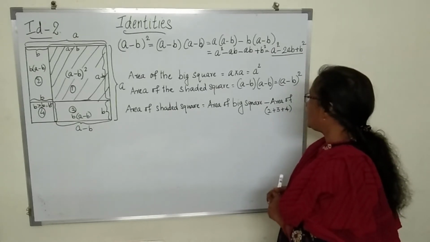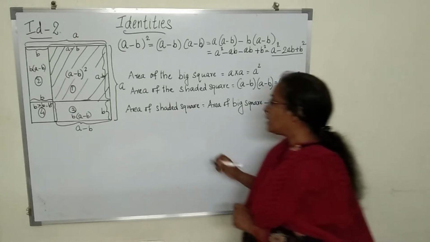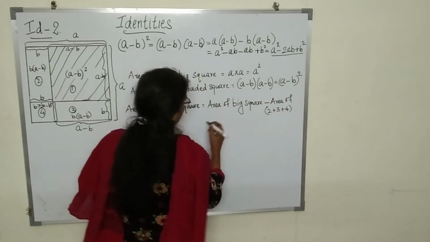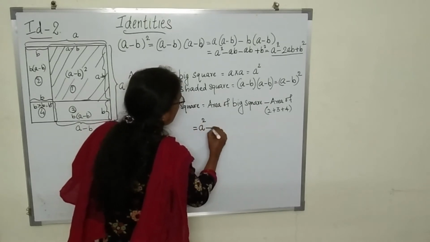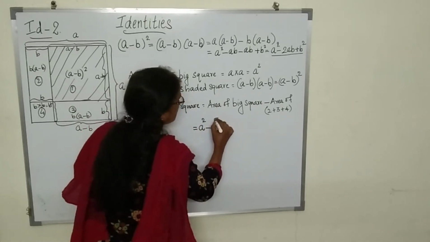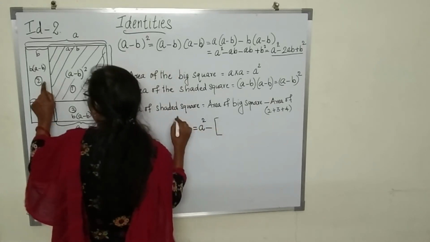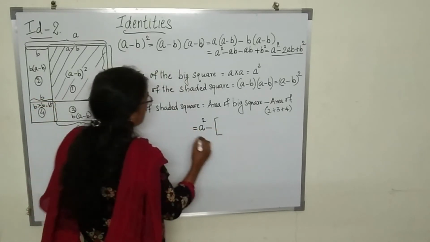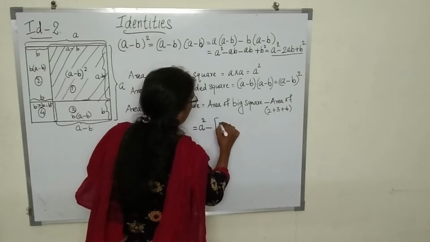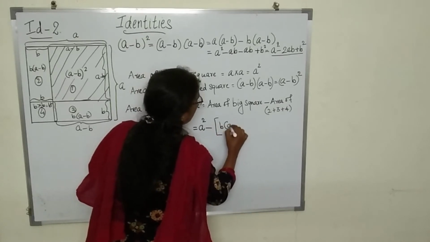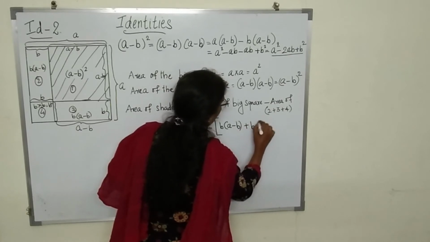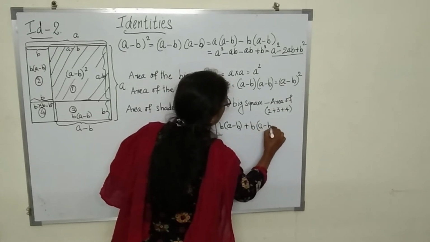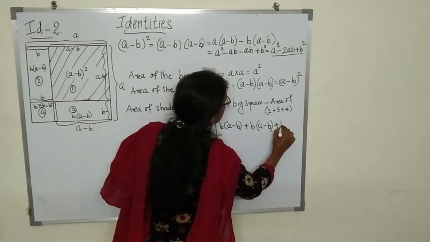Now let us find it out. What is the area of the big square? The area of the big square is A square. So A square minus, we need to subtract the areas of 2, 3 and 4. So 2 is B into (A minus B), 3 is also B into (A minus B), and 4 is B square.